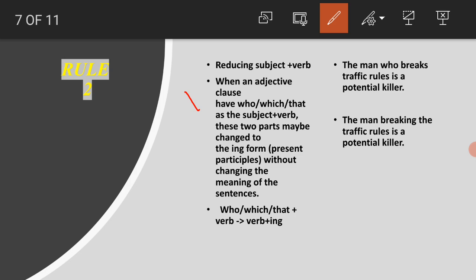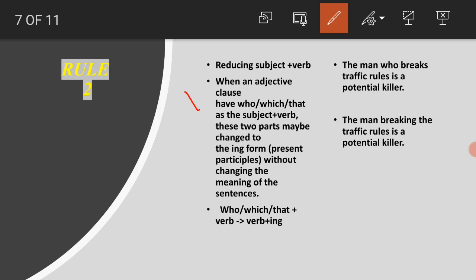Now the first condition in rule 2 is the same as for rule number 1: the relative pronoun who, which, or that has to be in subject position. But the second condition is different. In rule number 1, the relative pronoun was supposed to be followed by a be verb, but in rule number 2, the relative pronoun will be followed by a verb, not a be form of verb, but only a verb.